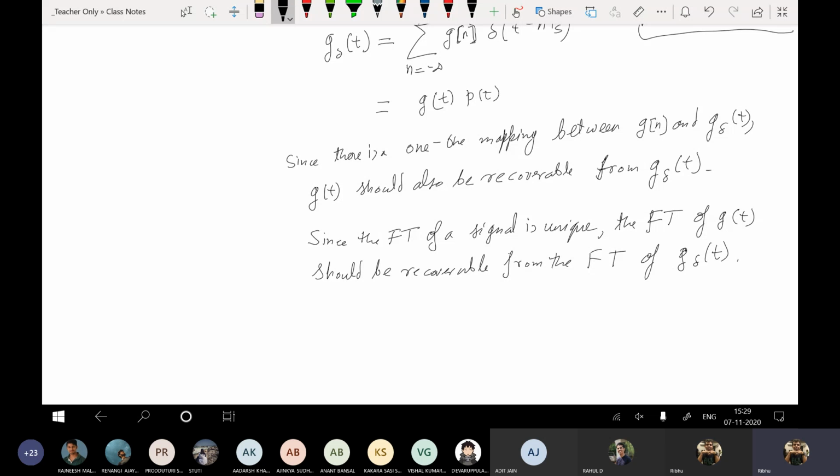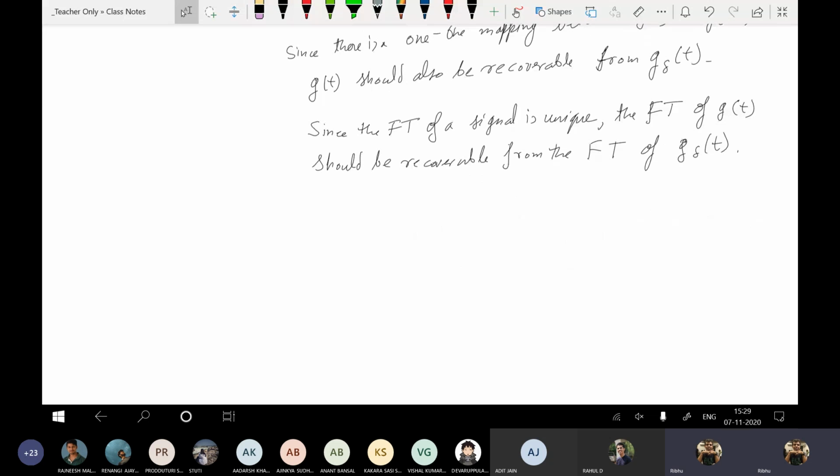Fine. Yes, sir. So we come to the Fourier transform of g delta(t).